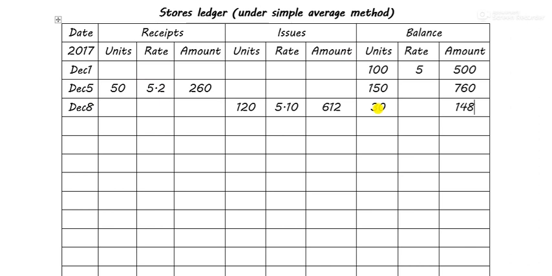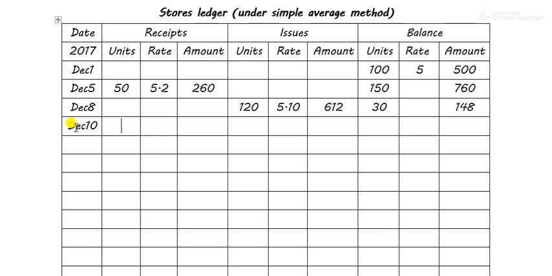Now on December 10, an issue is made of 10 kgs. Please be careful over here, this is a very important step. In the previous issue we issued at the rate of 5.10 because we had two lots.